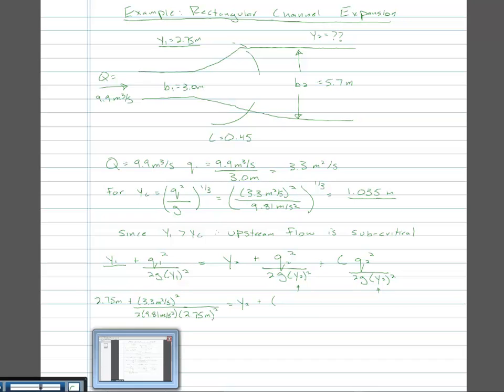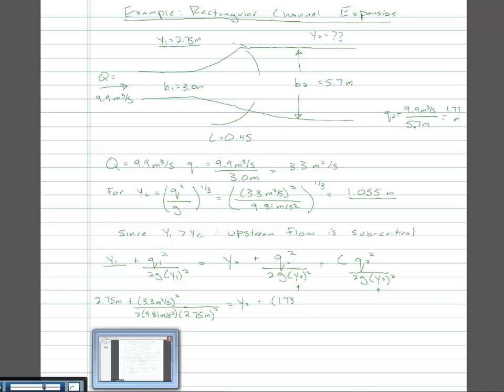When the channel is expanding, the new flow per unit width, so lowercase q2, is going to be the same 9.9 cubic meters per second divided by 5.7 meters, and so that flow per unit width is going to be 1.737 meters squared per second.